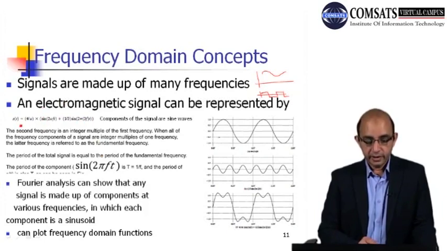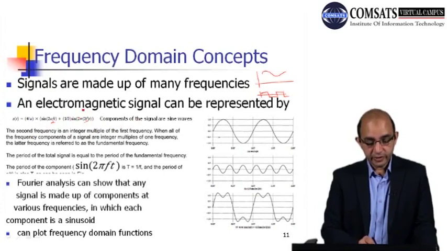Normally we represent a signal like this. You can see that here we have f, that is normally called the fundamental frequency, and here we have 3f. So another component, and it is an integer multiple of the fundamental frequency. These are different components of this signal. The first component has frequency f, and the second component has frequency 3f.